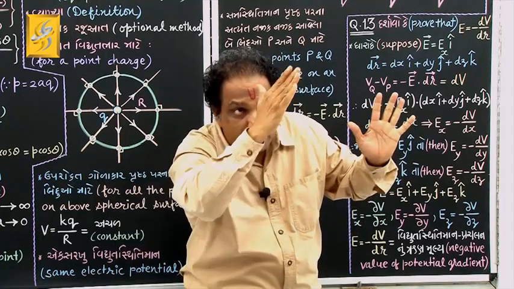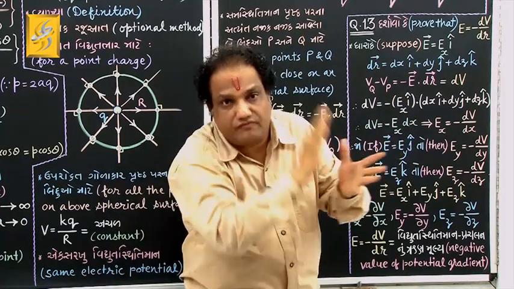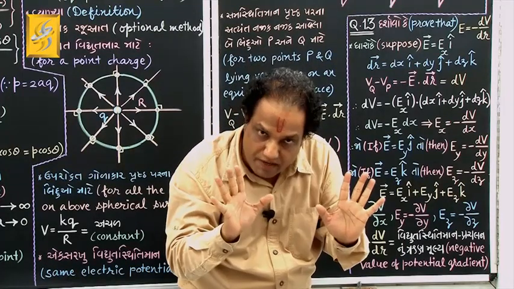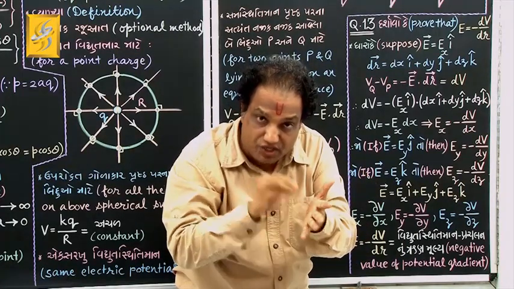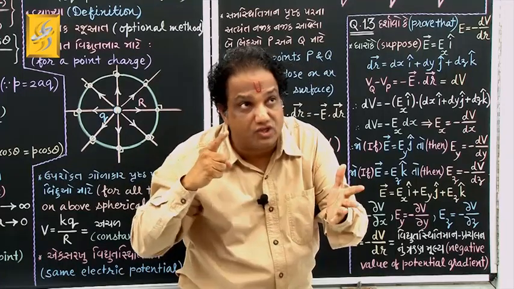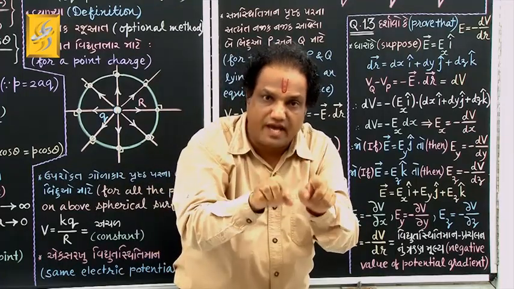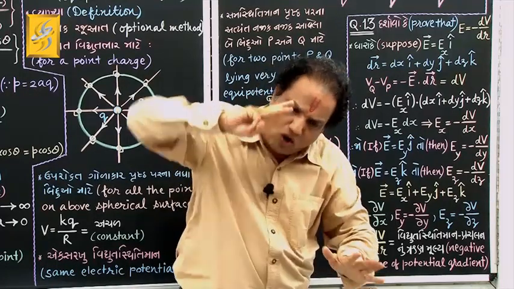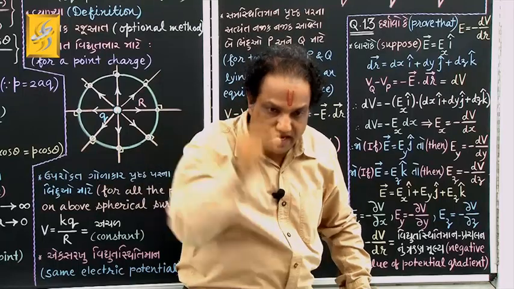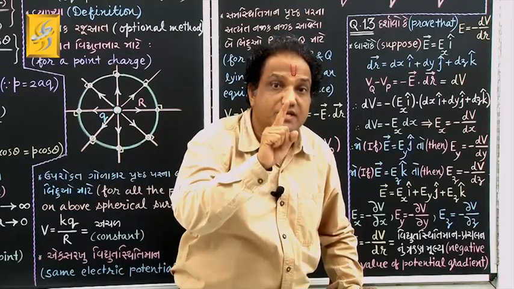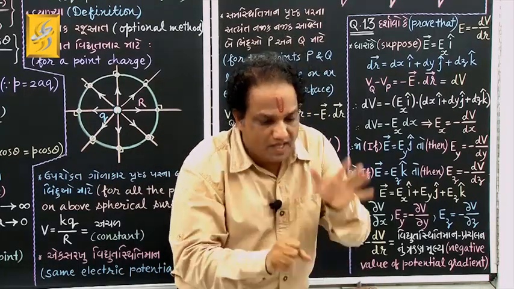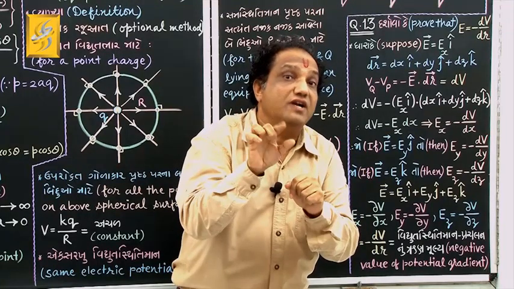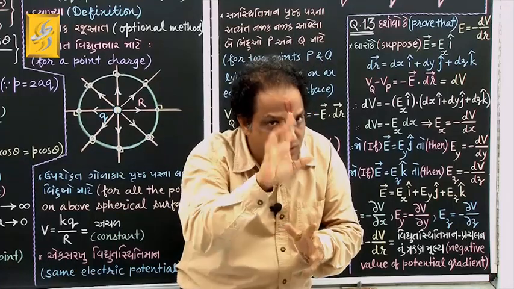In three dimensions, suppose it is along vector r, which is neither x-axis nor y-axis nor z-axis. Then it will have all three components: x component, y component, and z component. Then how will you find those components, and ultimately the resultant electric field? I am showing you.